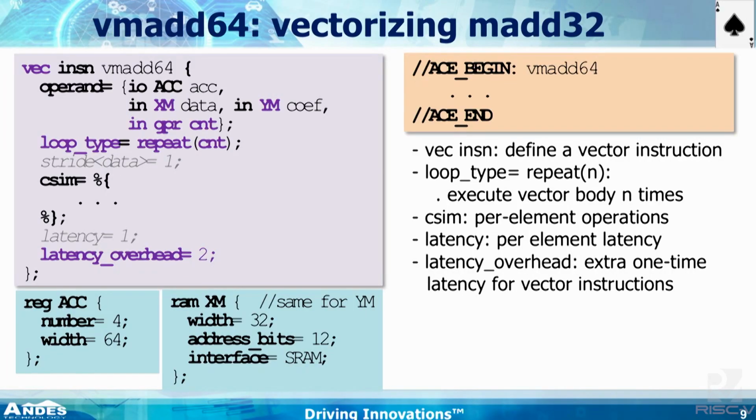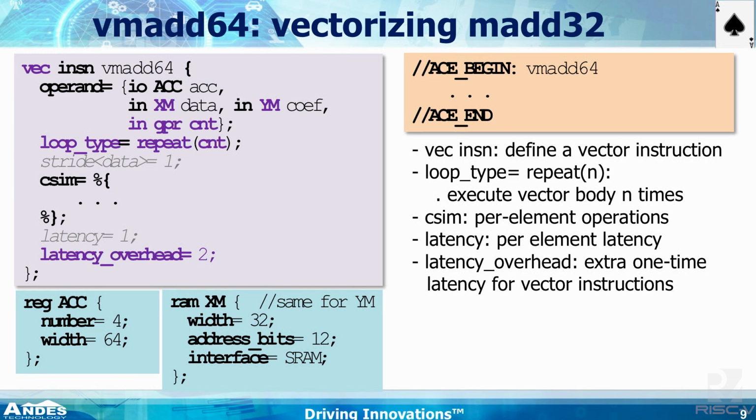For a vector instruction, you also need to provide a count, so how many times you want to do it. The loop type is a fixed iteration based on count. We can also define something like a while loop, based on a condition. Stride by default is based on the element size, so XY, X-mem and Y-mem, and you stride by one for every iteration.